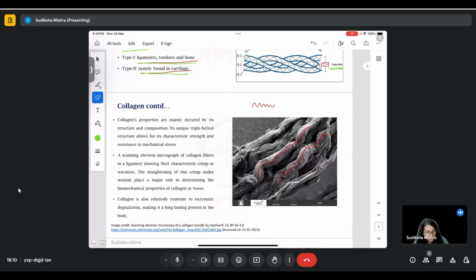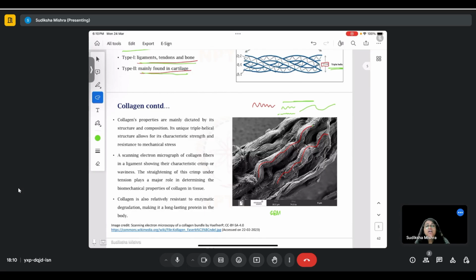This is a scanning electron microscope image, which shows a characteristic waviness, as you can see here by the red line. It's not a straight fiber.